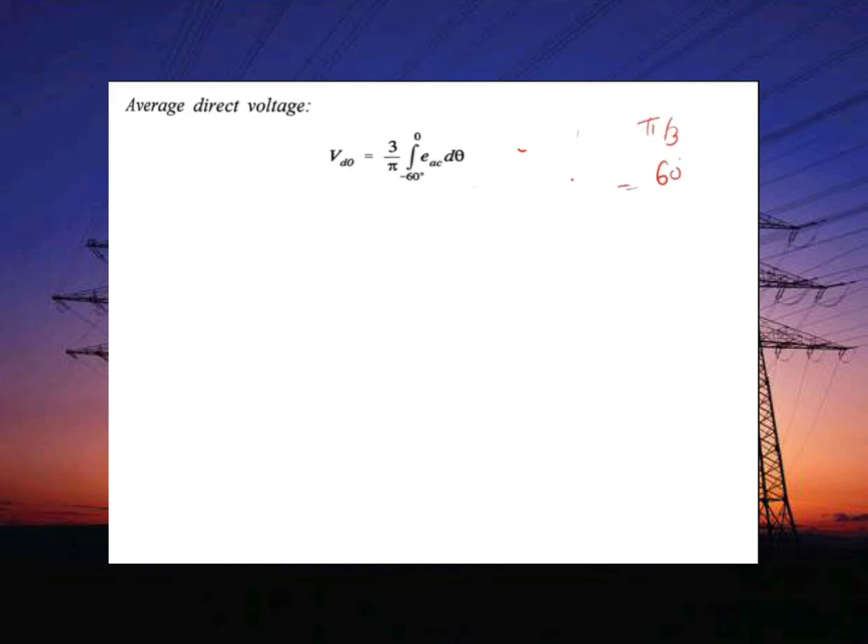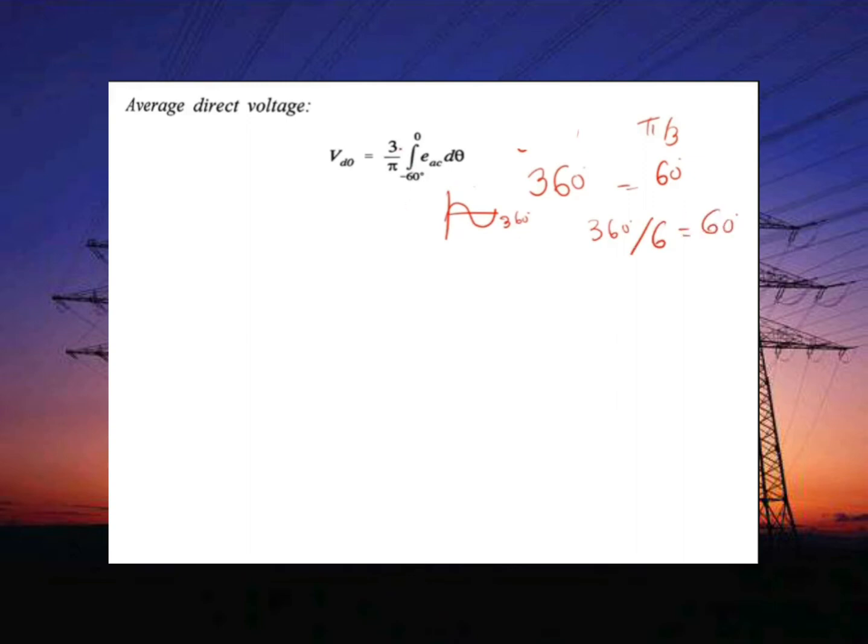So each will conduct for 60 degrees. Because when you complete one cycle, this is 360 degrees, and 360 divided by 6 pulses, each will conduct for 60 degrees.